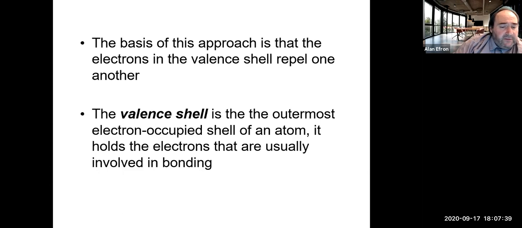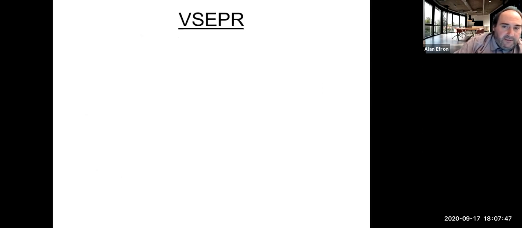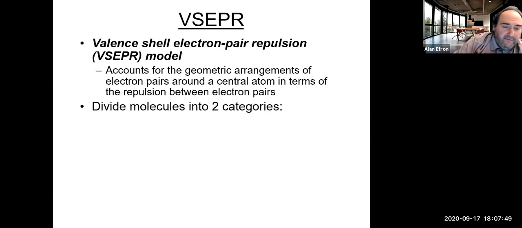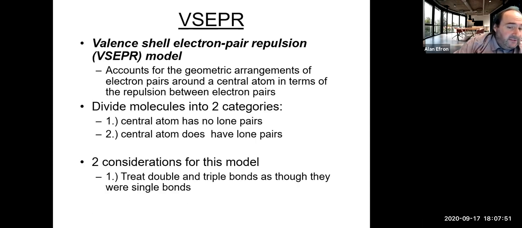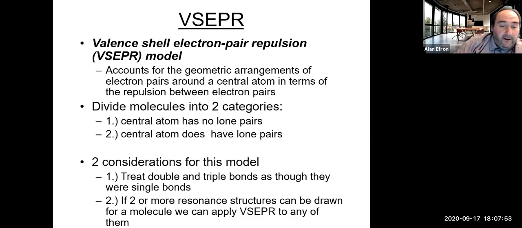And especially, since we've been talking about bonding, it is the valence electrons that we're talking about here. So the idea of geometry here is what is sometimes referred to as VSEPR, which stands for valence shell electron-pair repulsion model, hence the abbreviation, because that is a long-winded name. But it basically accounts for the geometrical arrangements that we see in an atom.